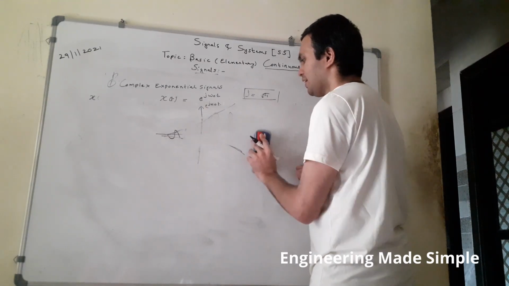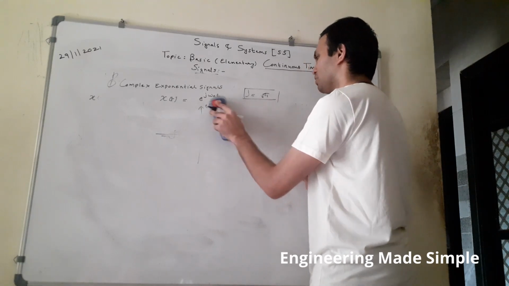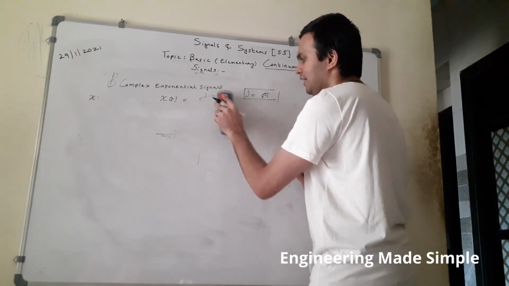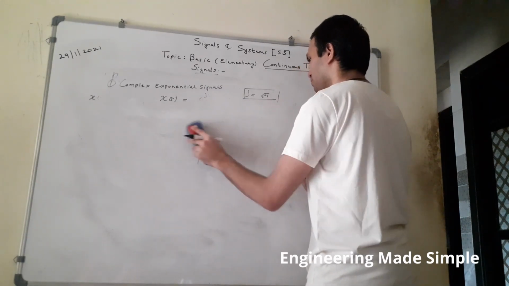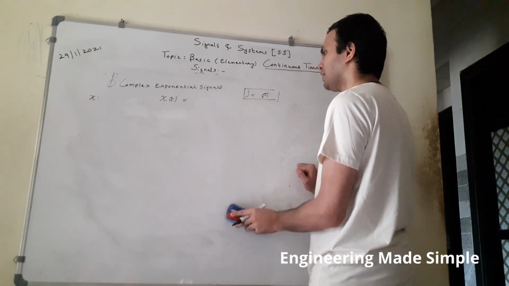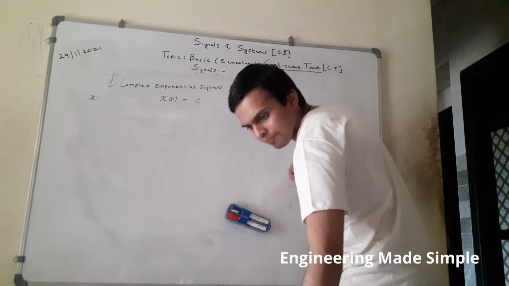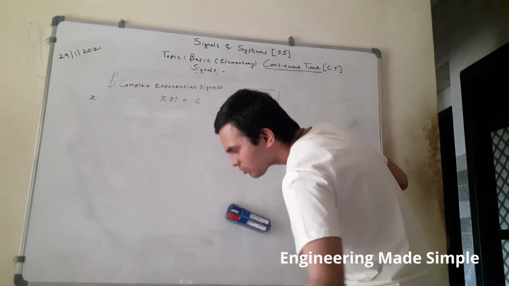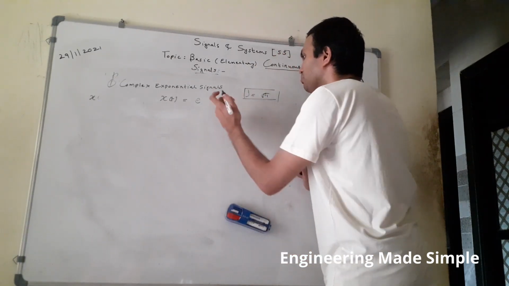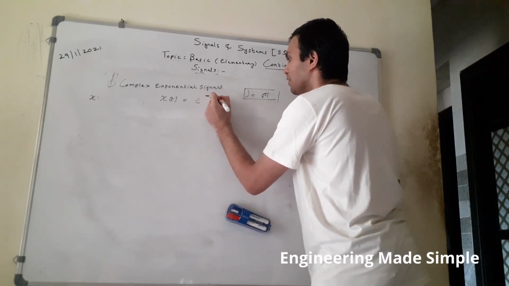Now let us understand what a decaying complex exponential signal is. When I say decaying or decreasing, its amplitude or magnitude will go on decreasing with time. So it would be e raised to minus j omega naught t.